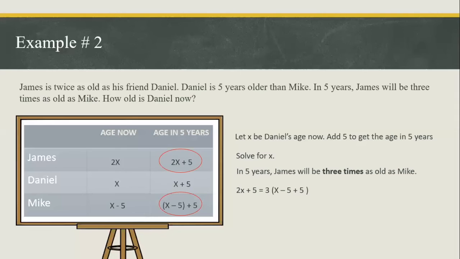Simplifying the equation, that will be 2x plus 5 equals 3x. Combine like terms, transposing 2x to the right side. So that is 5 equals 3x minus 2x. The value of x is 5. So this is Daniel's age now.